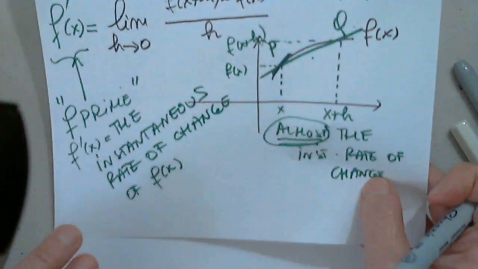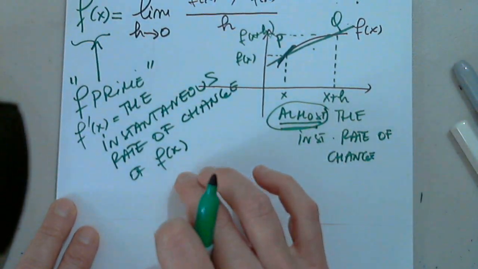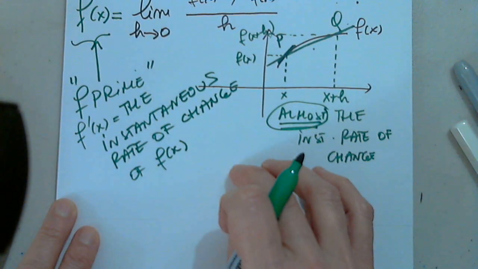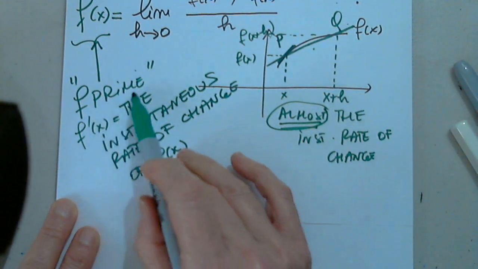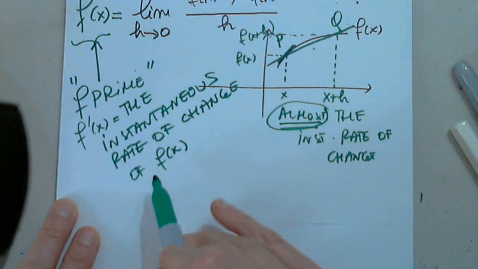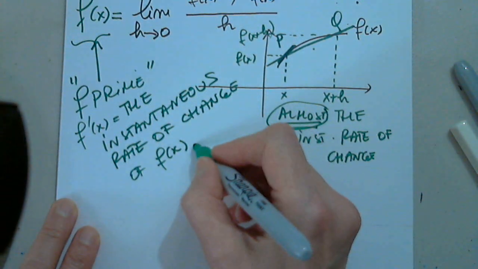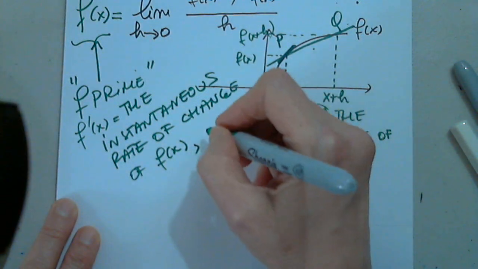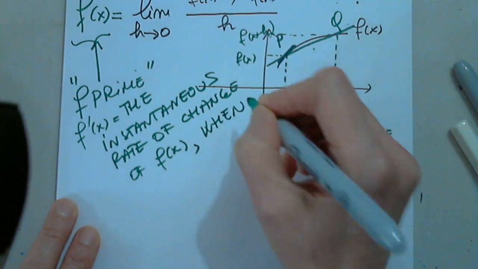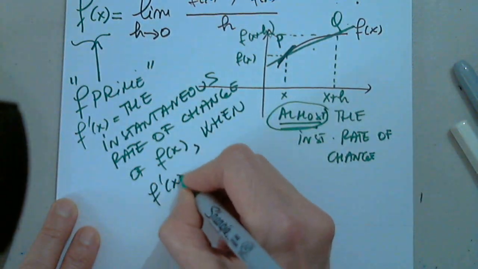This is not entirely correct. I have to continue with something very important that I want to talk about right now. So f prime is indeed the instantaneous rate of change of f of x, when f prime exists.